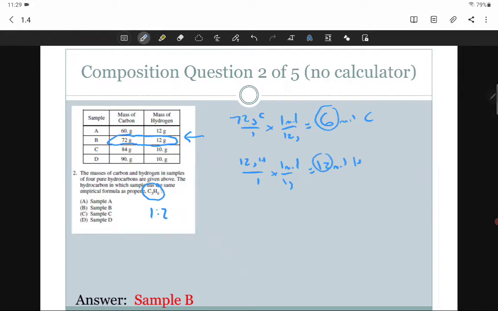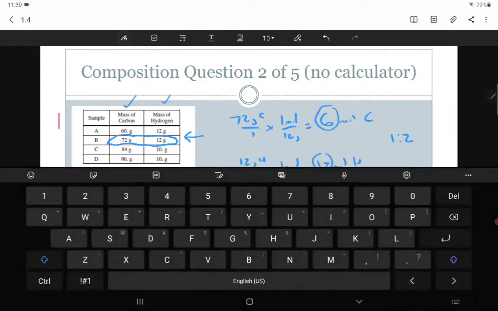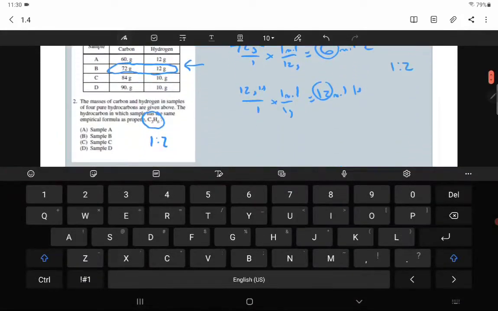A 6:12 ratio is the same thing as a 1:2 ratio. So you just had to divide each of those 4 by 12, the carbon column, and then divide all the hydrogen by 1 and see which one gave you a 1:2 ratio. Okay, moving on.